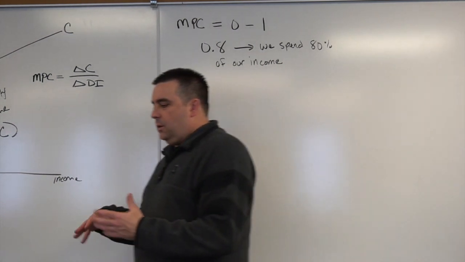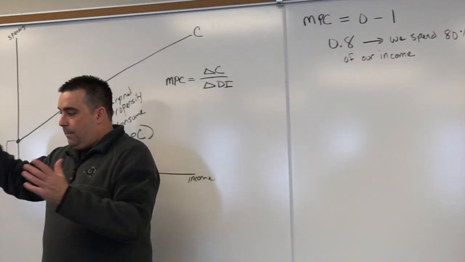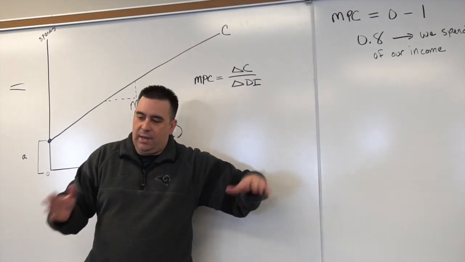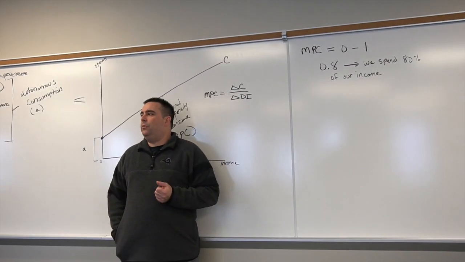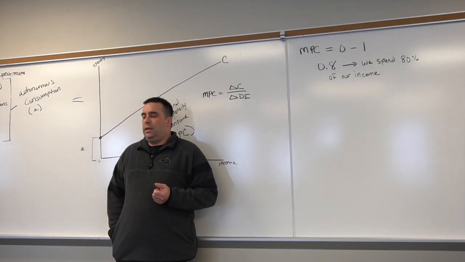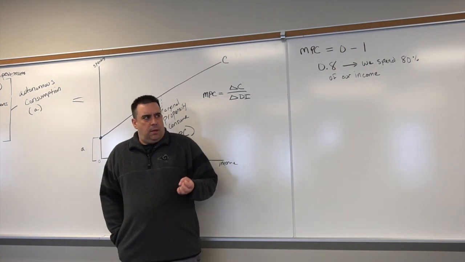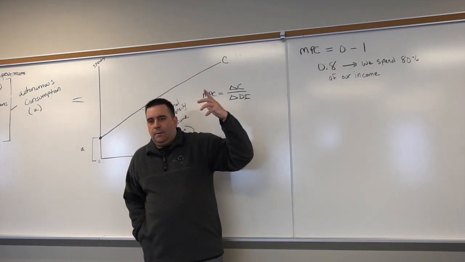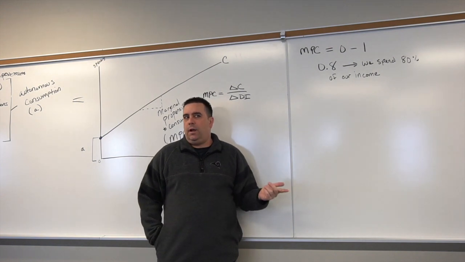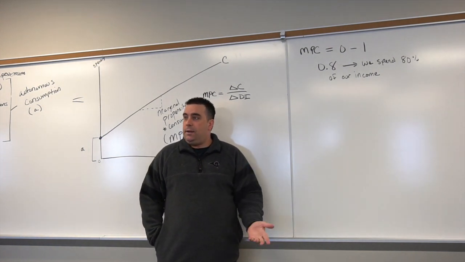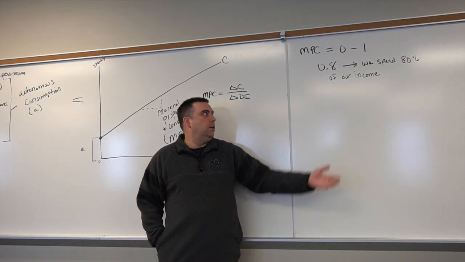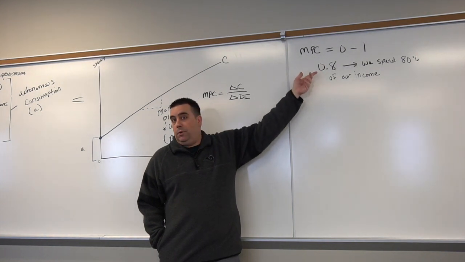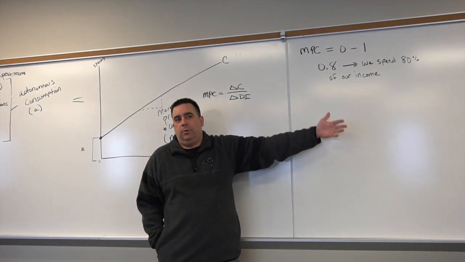So while we don't consider credit card as a monetary transaction, however you pay it off later, we do consider it part of consumption. So that gives us an interesting take, because if you spend on your credit card, you could effectively spend more than your income, which would give you a value greater than 1. You spend 108% of your income.